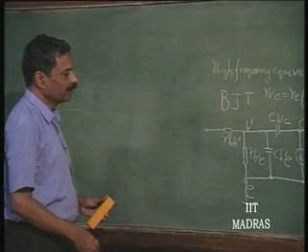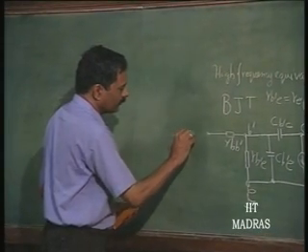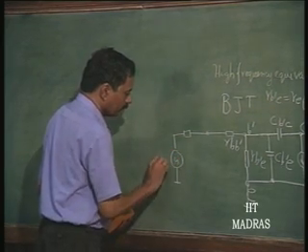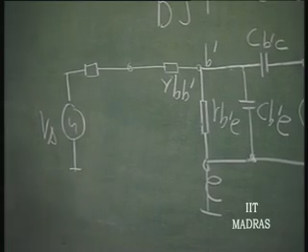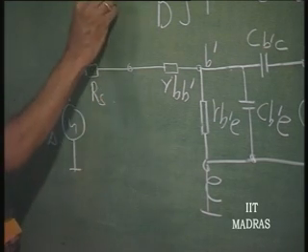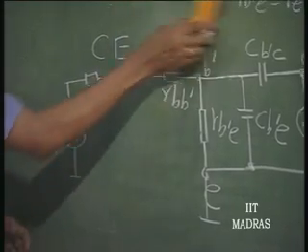So, in a sense we have RS, this is for the common emitter high frequency equivalent circuit.